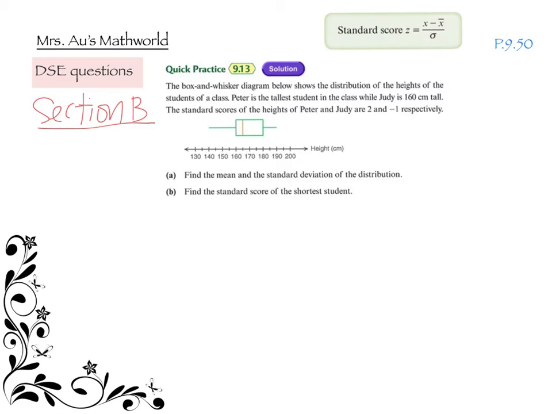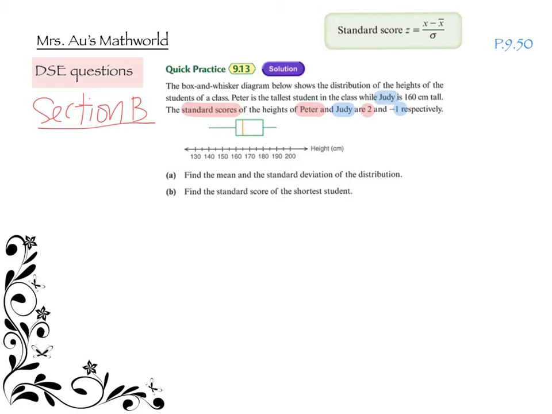Okay. So why it is a very good question in section B for us to do, because you get many pieces of information. You see the standard score of Peter is 2, and for Judy is -1. Maybe use red for Peter and blue for Judy.